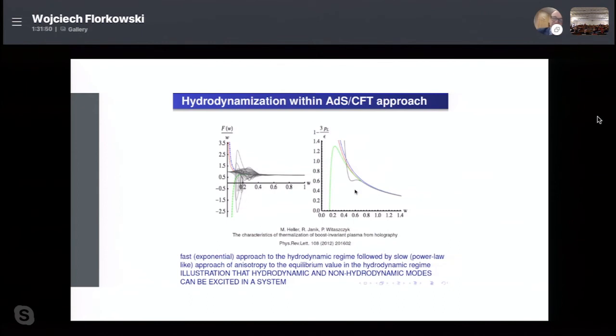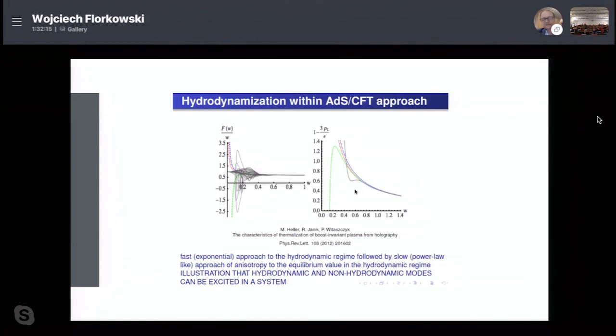So there is a general effort on the theory side to develop hydrodynamics in this direction, so that we can enter the non-equilibrium range in some reasonable way.